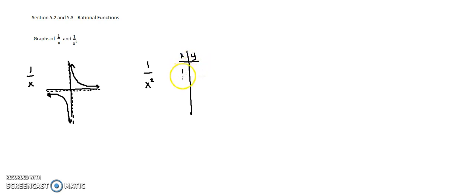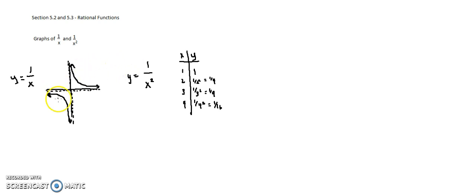For x values, let's plug in some numbers like 1, 2, 3, 4. What happens when we plug x in? Well, we're going to get y is equal to 1 over 1 squared, that's 1. 1 over 2 squared, that's 1 over 4. 1 over 3 squared, that's 1 over 9. 1 over 4 squared, that's 1 over 16.